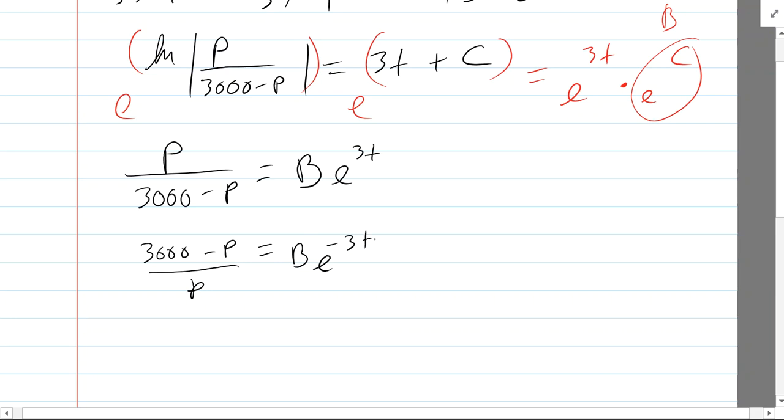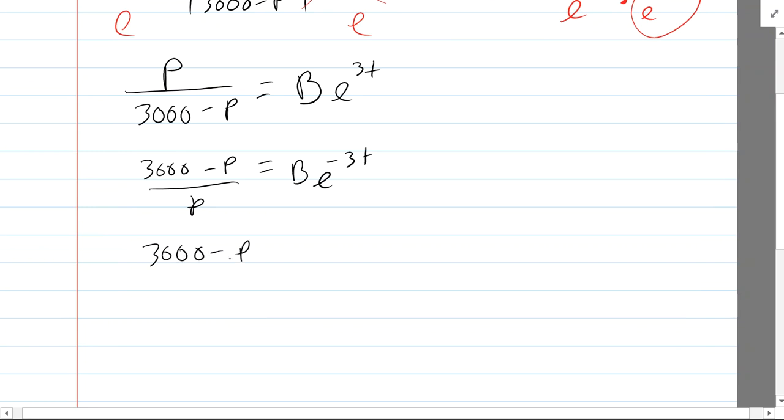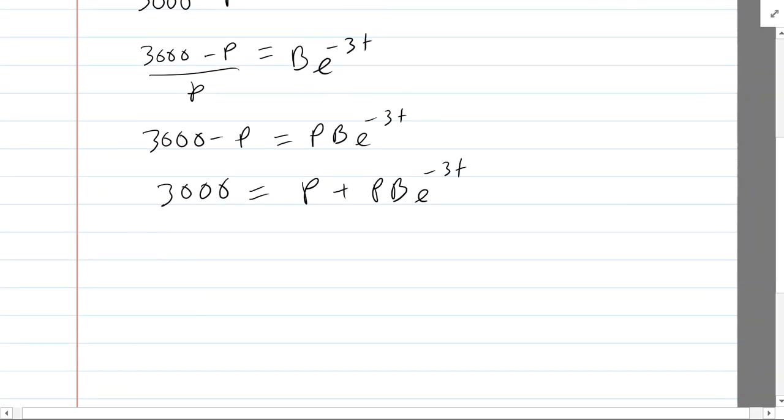Did I flip both fractions? I did. Multiply by P, I get 3,000 minus P equals P B e to the negative 3t. Put all the P's on one side: 3,000 equals P plus PB e to the negative 3t. Still with me?